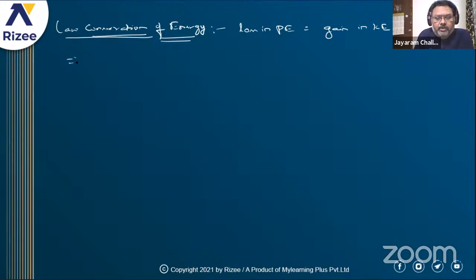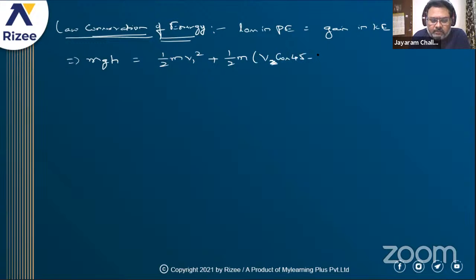The loss in potential energy is mgh, which is equal to, who is gaining the kinetic energy? The wedge is gaining kinetic energy, half m v1 square, and the ball is gaining kinetic energy along the x-axis with respect to the wedge, plus half m times the velocity of the ball along the y-axis, v2 sin 45, whole square. So these are the things, please.